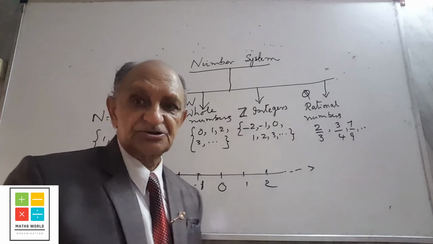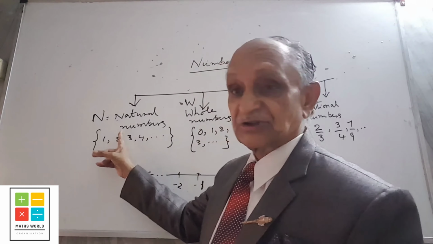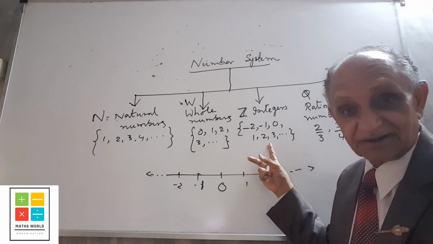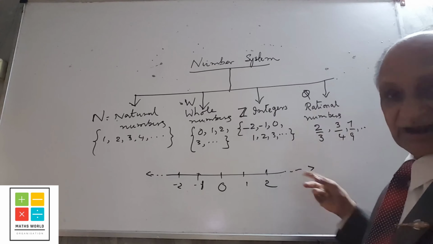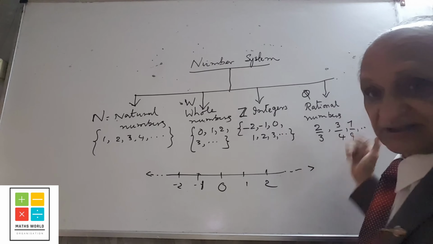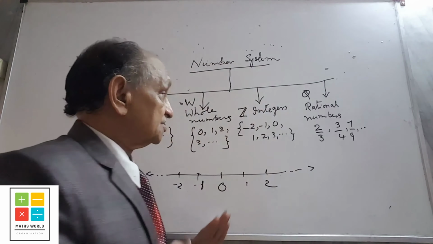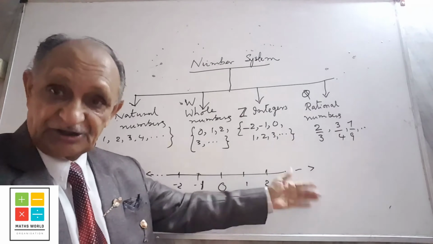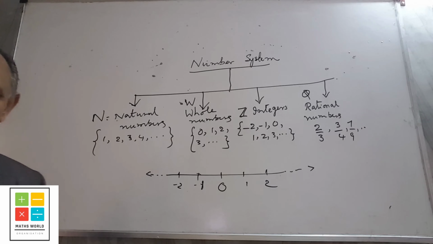So integers include even negative numbers. Here negative numbers are not there, here negative numbers are not there, here negative numbers are there. And the last one is rational numbers, like fractions we are writing, 2 by 3, 3 by 4, 7 by 9. That is a rational number. I will discuss rational numbers clearly, separately. So this is about our number system.